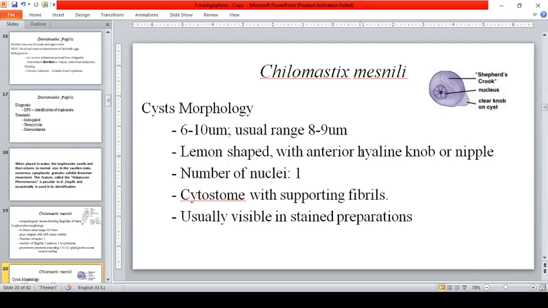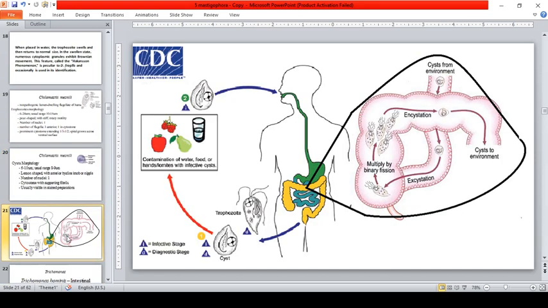And the nucleus, lemon shape with an anterior hyaline knob or nipple. It has one nucleus, and the cytostome with supporting fibril, which is the shepherd's crook, usually visible in distinct preparations.